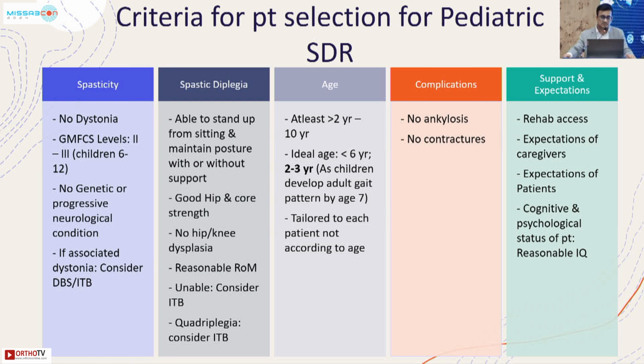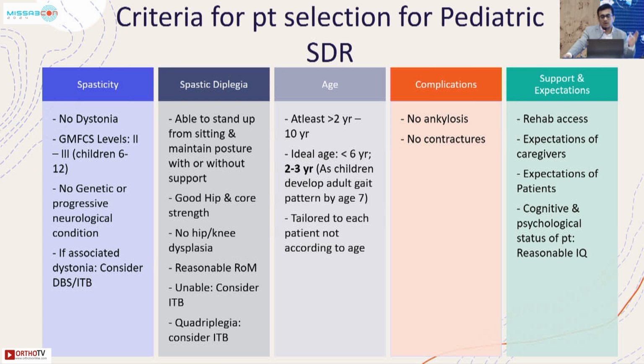It will cause muscle weakness, and if the hips are already weak, the ambulation which was possible before surgery might be lost after surgery. If these patients cannot stand because of weak hip musculature, it is better to consider intrathecal baclofen.